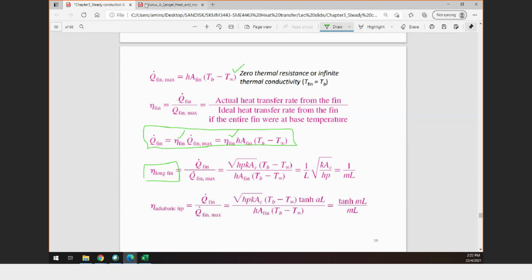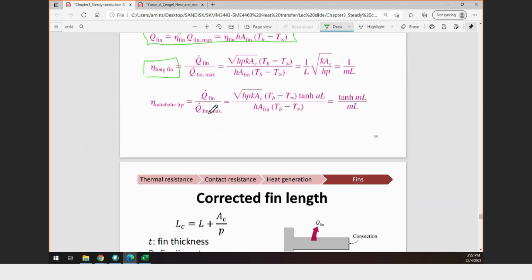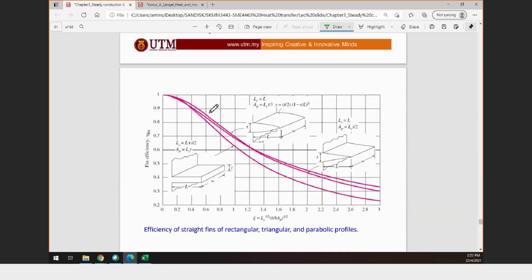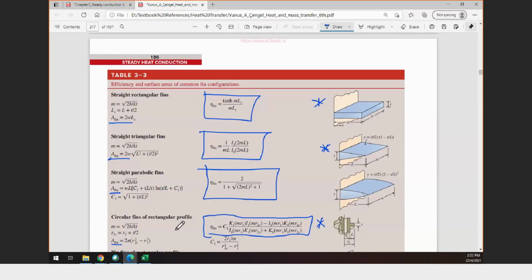This is the case for the assumption that when the fin tip is exposed to a convection condition, then you can use this efficiency calculation.